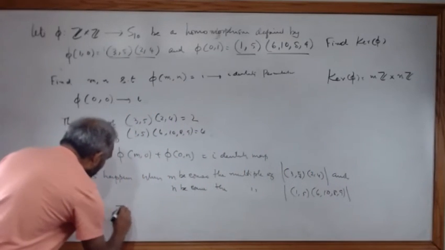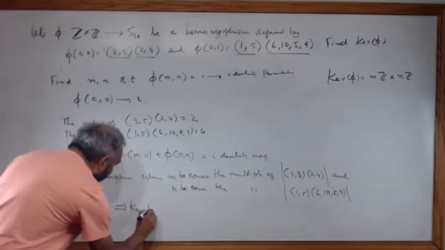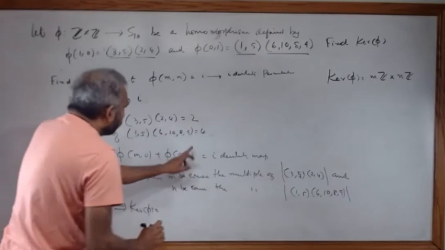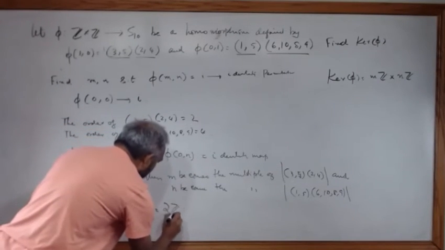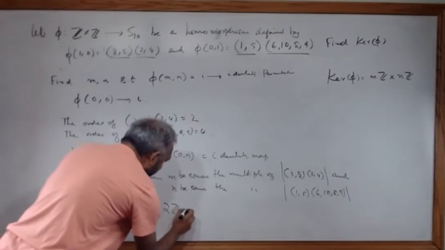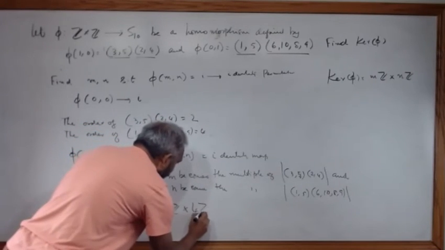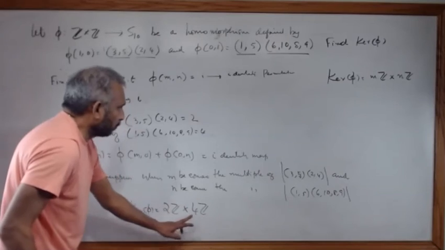So that means the kernel of phi is equal to 2C, the multiples of 2, times 4C, the multiples of 4.